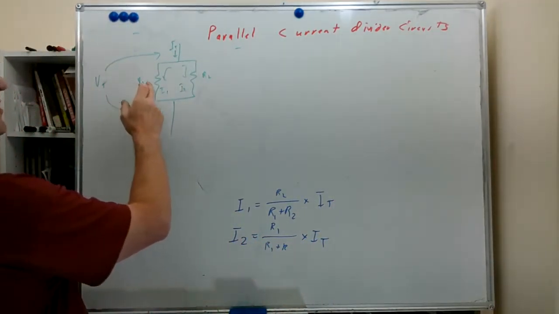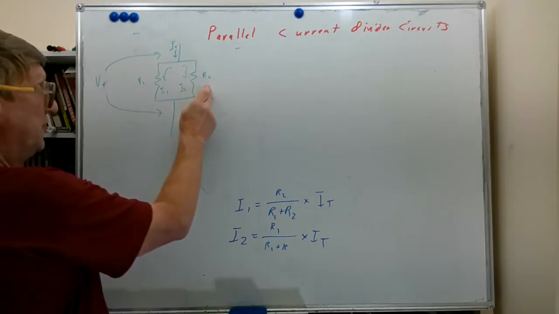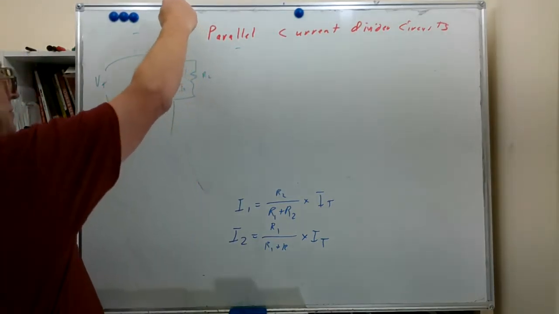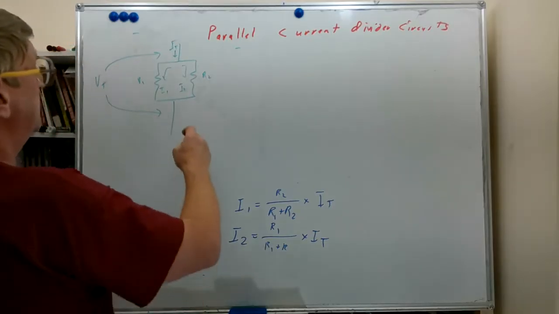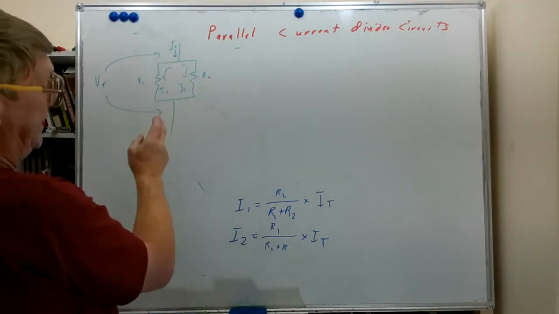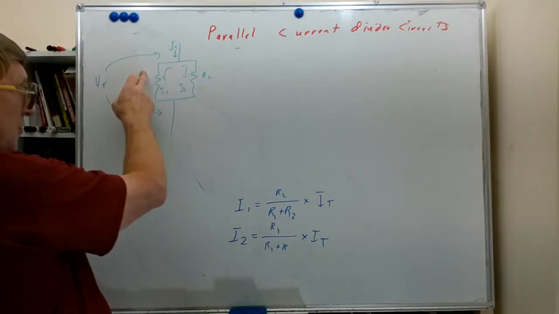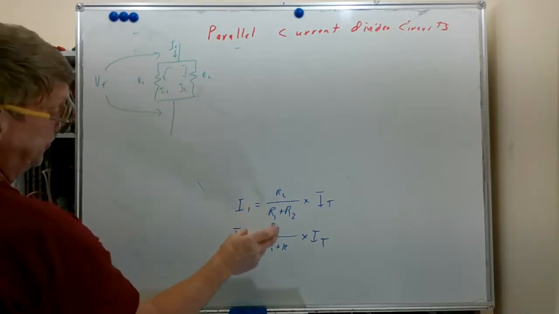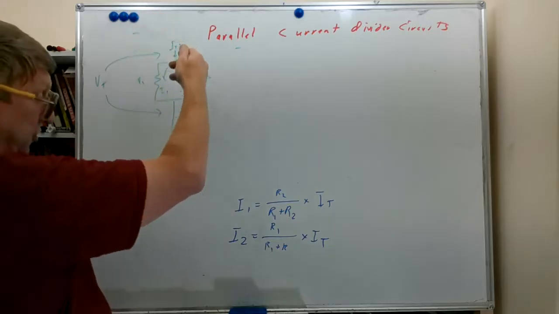I1 is the value of R2 divided by the sum of R1 and R2 times the applied current. I2, the current through R2, is equal to the value of R1, the other resistor, divided by the sum of the two resistors times the total current.